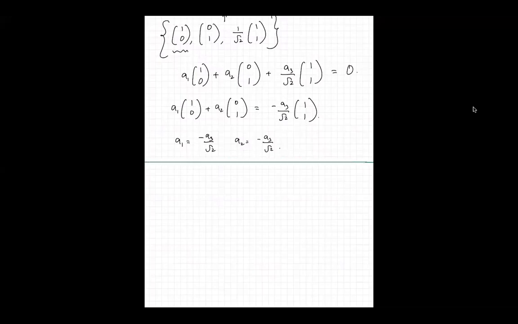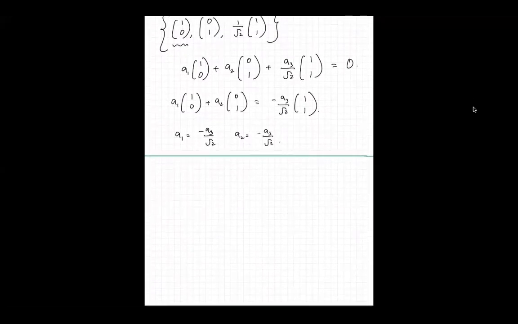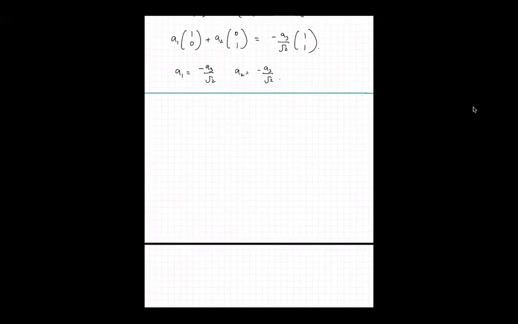So let us talk about this in the context of, again, simple vectors, and then we will extend this notation to the bra and ket. Okay. So let us look at norm and inner product of vectors.